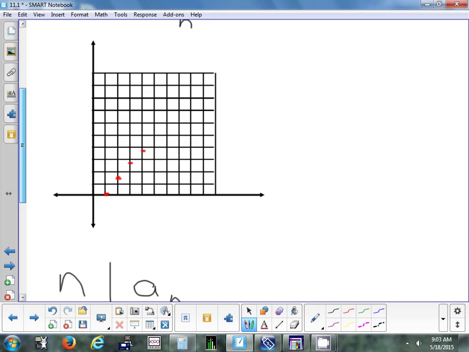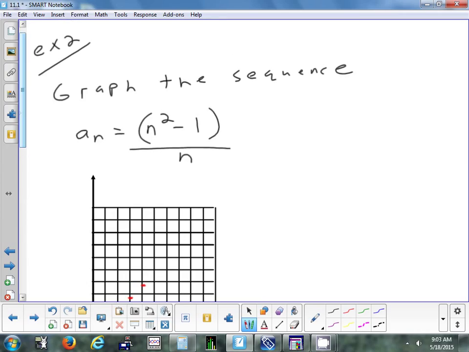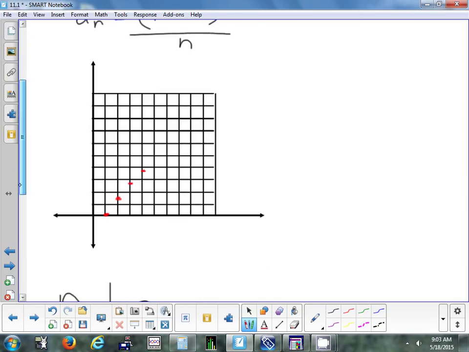Let's see what happens when we go all the way out to 10 and see, do we keep continuing up linear, or does it kind of curve and level off? So we plug in 10, you're going to get 10 squared is 100 minus 1 is 99. 99 divided by 10, 9.9. So it looks like it does just kind of keep continuing up.